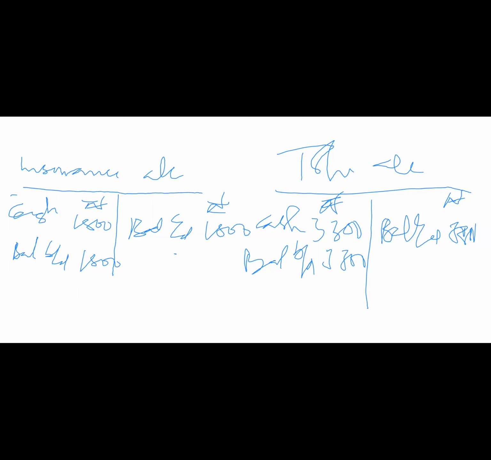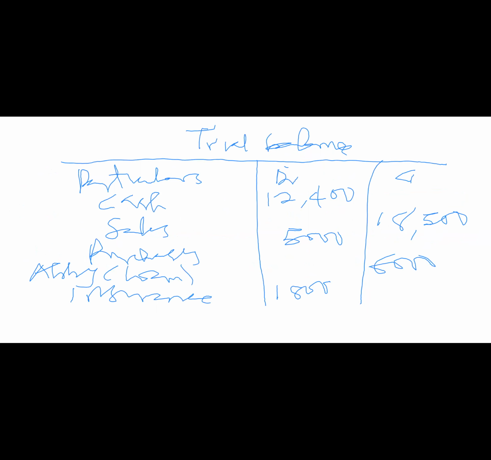Because when you settle someone, that means you are paying the person, which should be classified as an expense. And I said that expenses should be debited under the trial balance. Is that clear? Yes, sir.